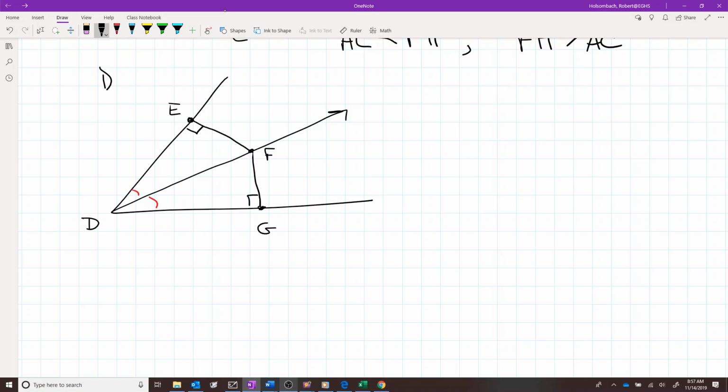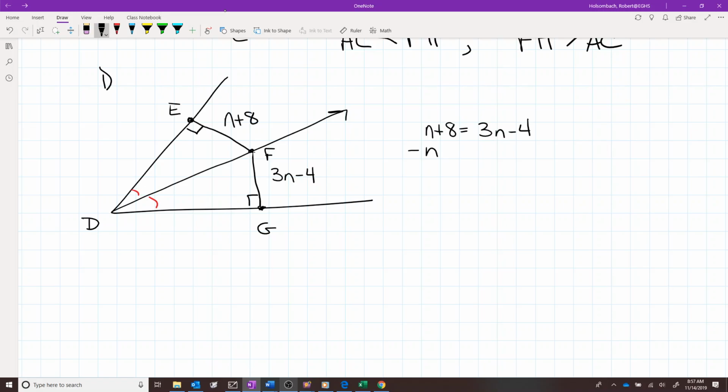So if this segment is n plus 8 and F to G is 3n minus 4, they're congruent to each other. Find FG is the question. So you need the distance from F to G. So we're going to take n plus 8, make it equal to 3n minus 4.